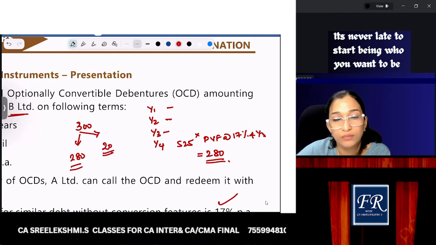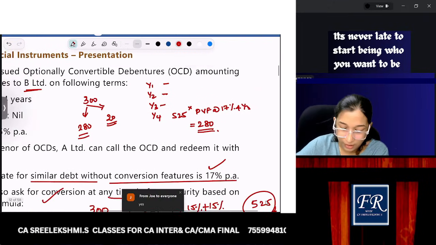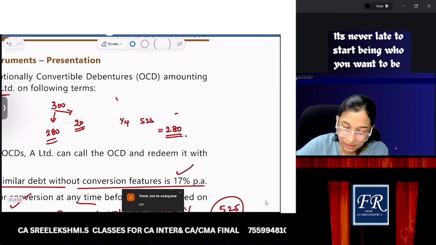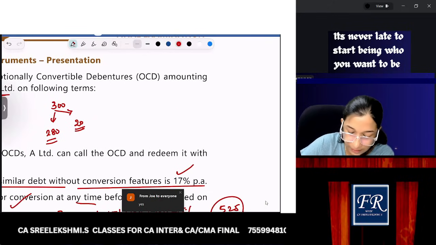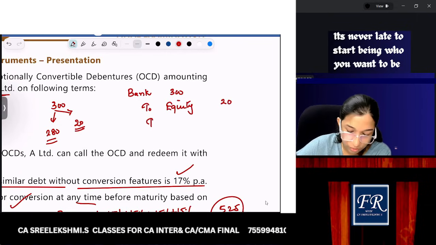Yes or no? So the first accounting entry I'll be passing will be bank account debit. I got 300. So to equity, I'll recognize 20. To debenture liability, I'll be recognizing 280.